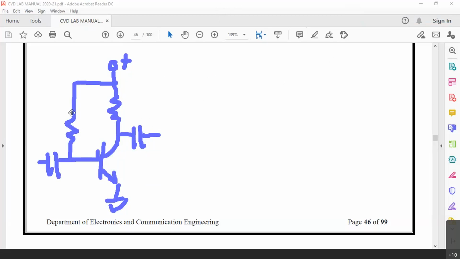Then you can see a regular fixed bias circuit. I have written a primitive BJT amplifier, which is a regular fixed bias amplifier.